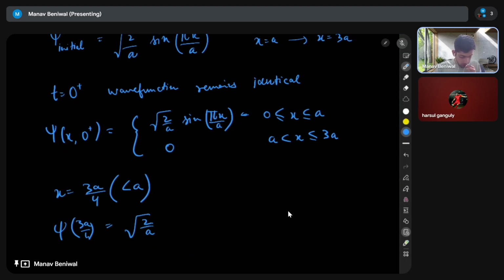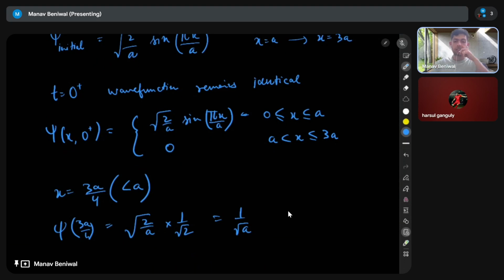Sine of 3 pi by 4 is in the second quadrant, so it's 1 by root 2. So this root 2 cancels out and we get 1 over under root a.